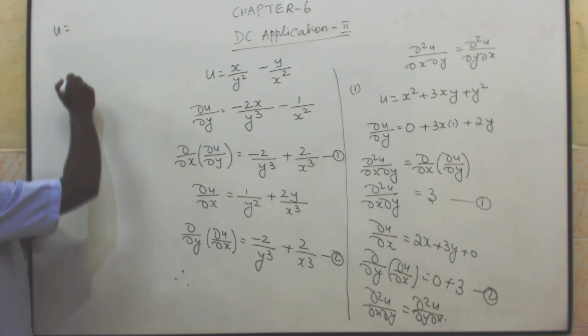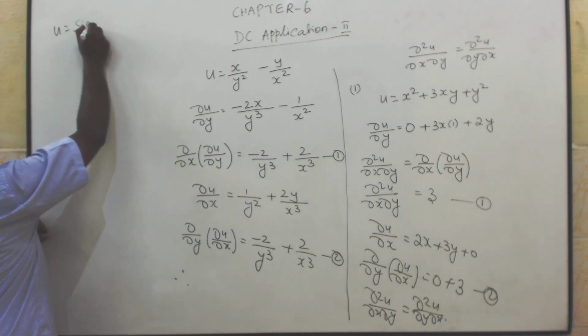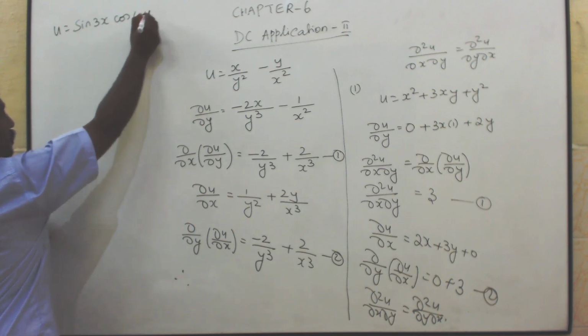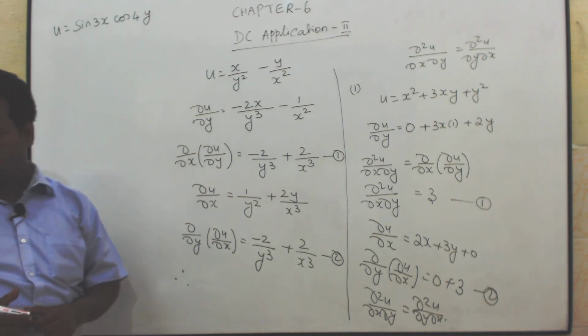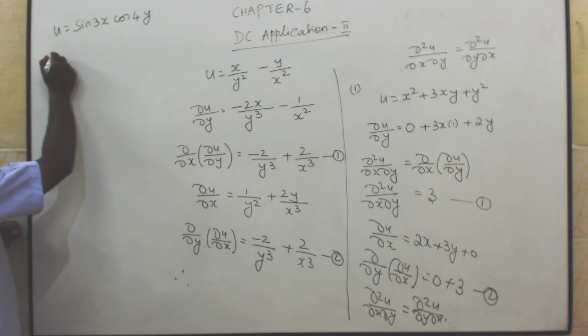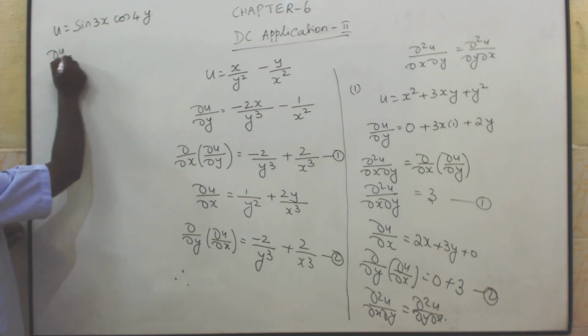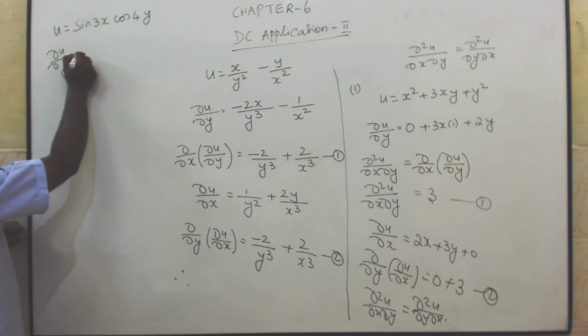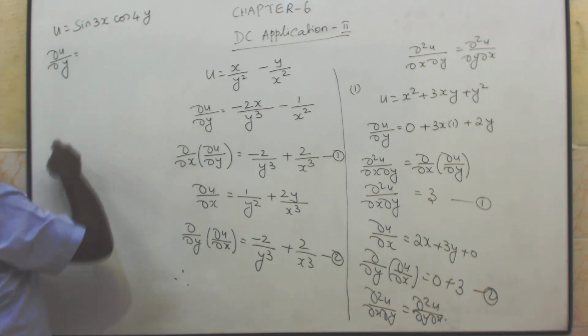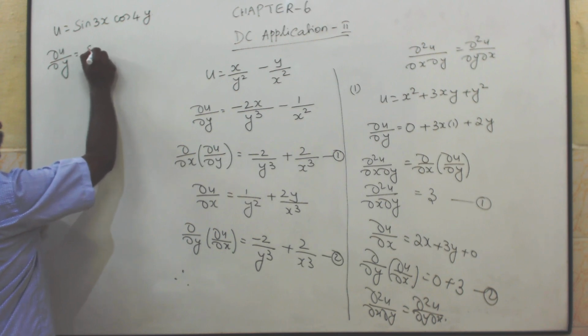The third one, u equal to sin 3x cos 4y. First you have to find out dou u by dou y. With respect to y, x is constant, keep the constant as it is.